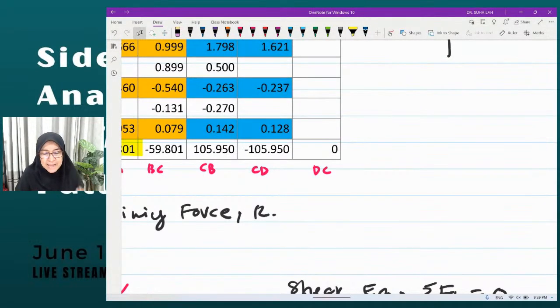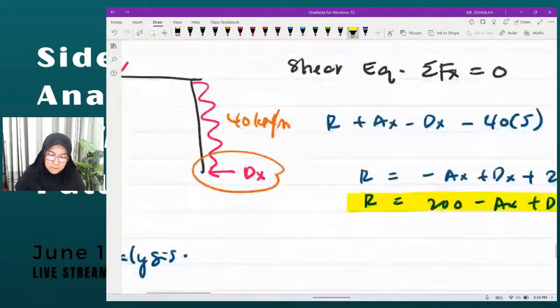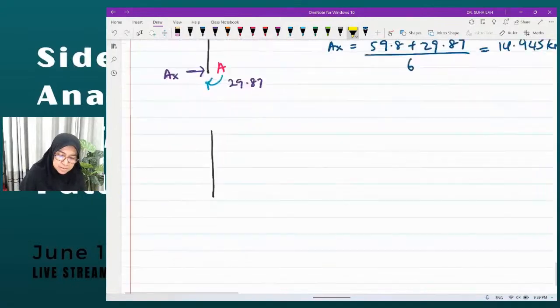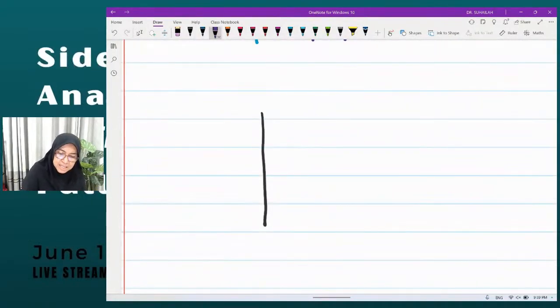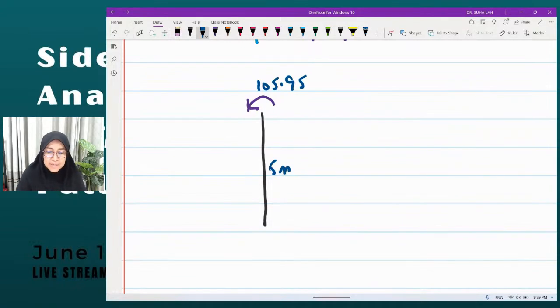Moment at C is negative 105.95. The length is 5 meter.